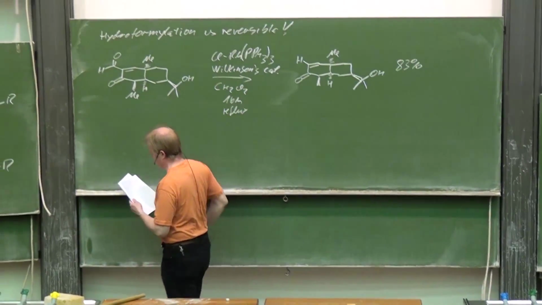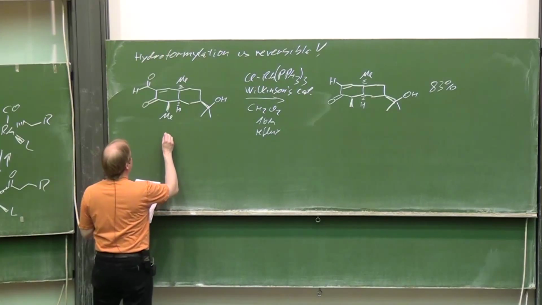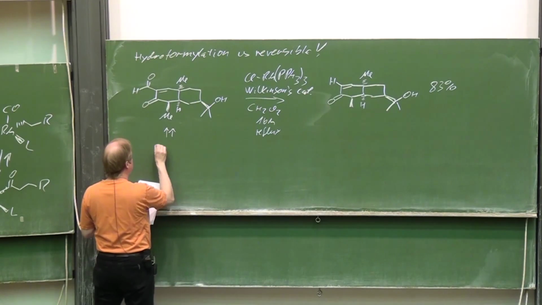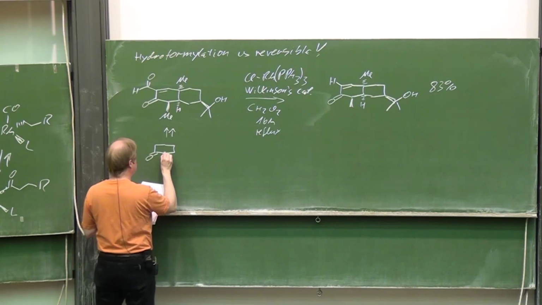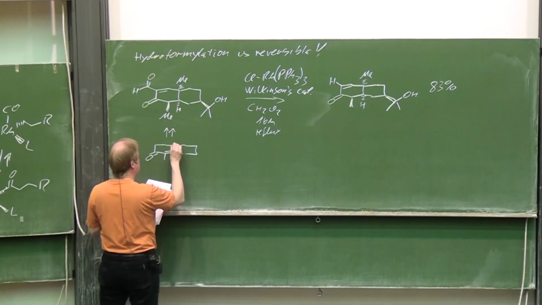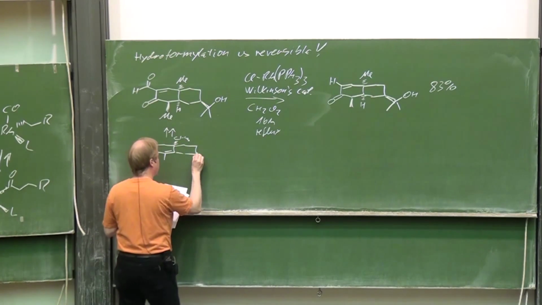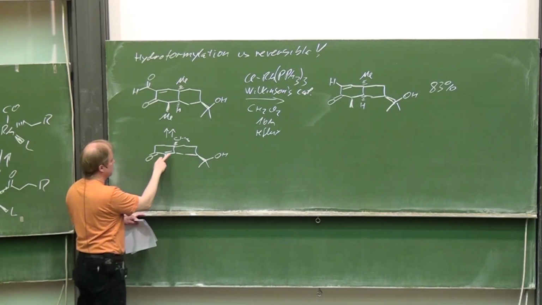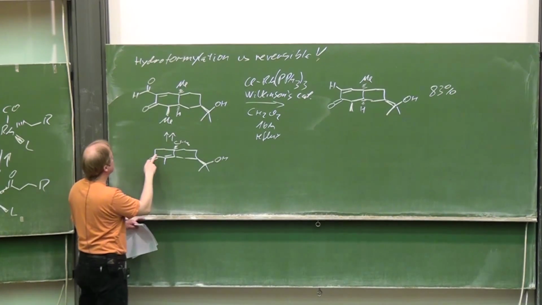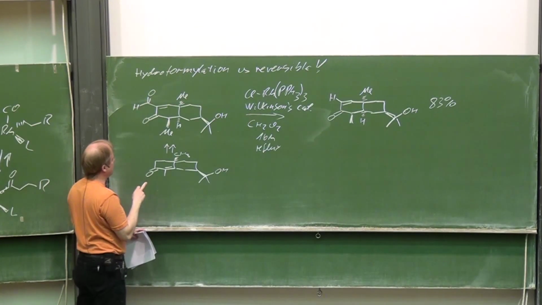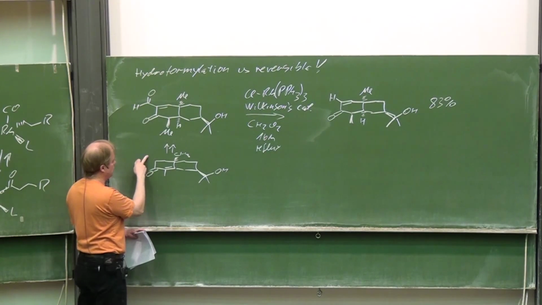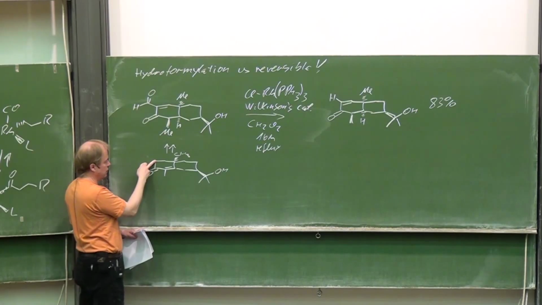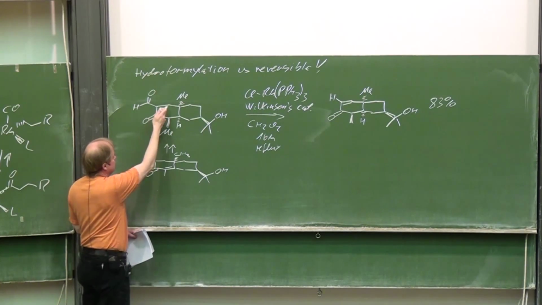So, the background of that is that you can imagine with a few steps you can transfer this alpha-beta unsaturated ketone to this product, since, well, hydrogenation here and, well, CC bond formation at this position here, and introducing the unsaturation here.